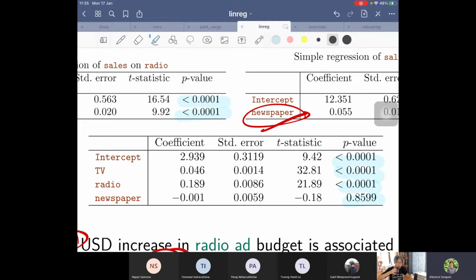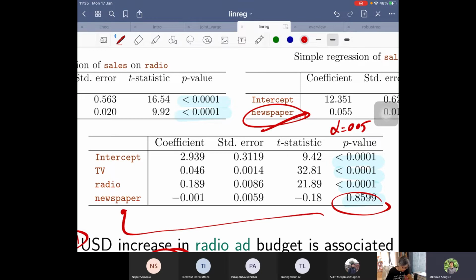Look at the p-value. If it's bigger than alpha, which one? The newspaper, right? If the p-value is big, it means we fail to reject the null hypothesis. The corresponding variable is insignificant.